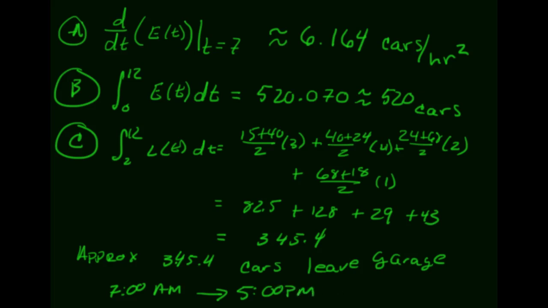All right, so let's look at part D of this problem. Part D is going to give you total revenue. It's telling you that you have $5 coming in from time 0 to 6, $8 per car from time 6 to 12, and what's the total revenue to the nearest dollar?